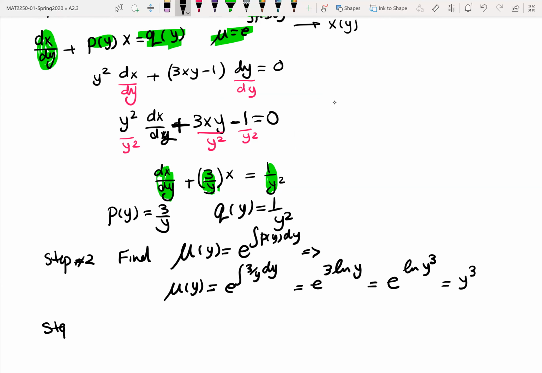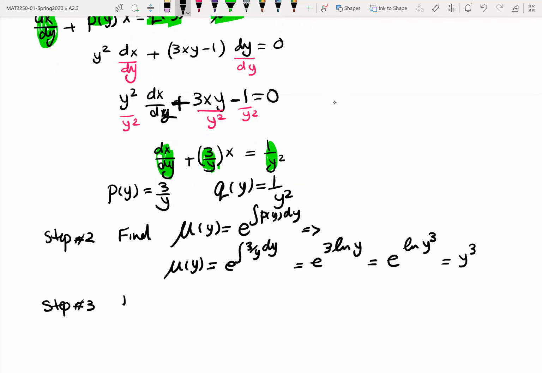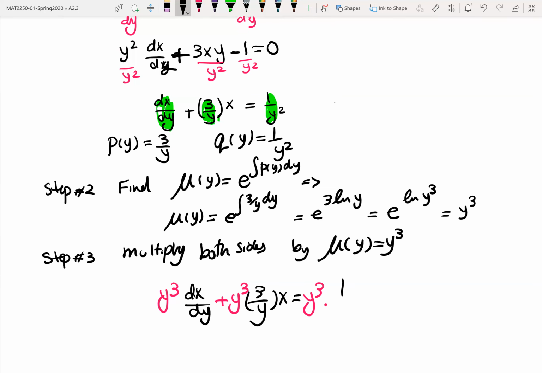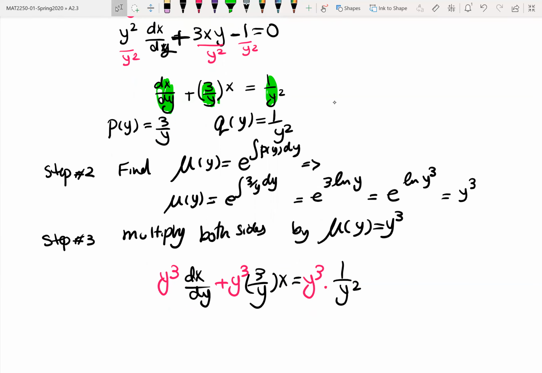Then step number 3, multiply both sides by mu of y, which is y cube: y cube times dx divided by dy, y cube times 3 divided by y times x, and y cube times 1 over y squared. So from here, I multiply every single thing by y cube.